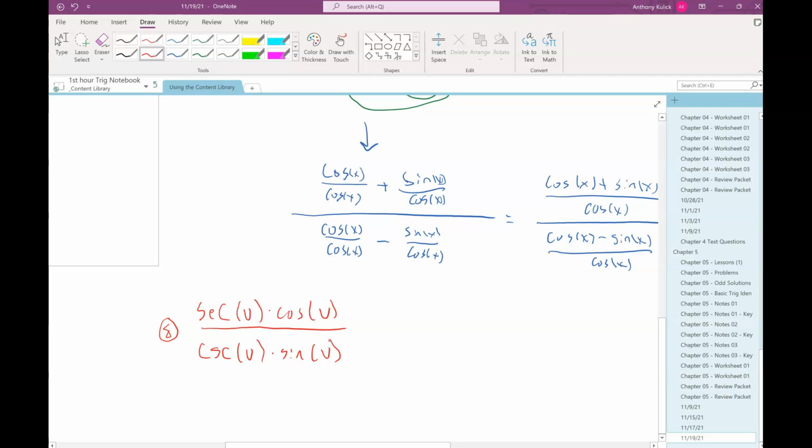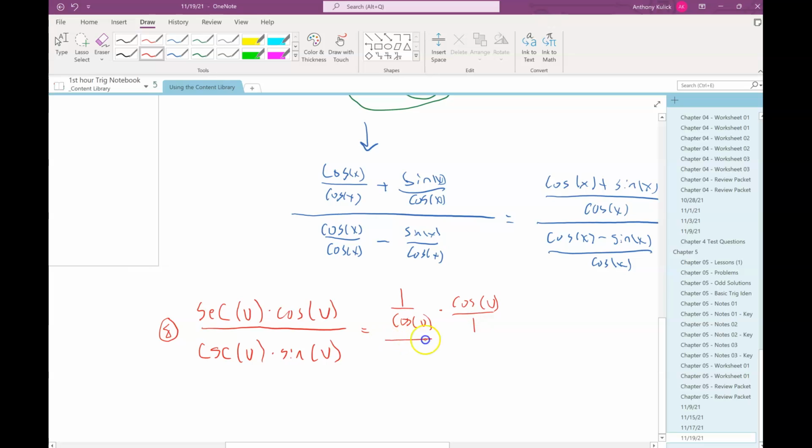So the first thing we might look for is anything algebraic to do. Is there simplifying or factoring or anything to do? But there's not, right? Nothing is a like term, so there's nothing to do there. So I would just start by turning everything into sines and cosines. So secant is 1 over cosine.